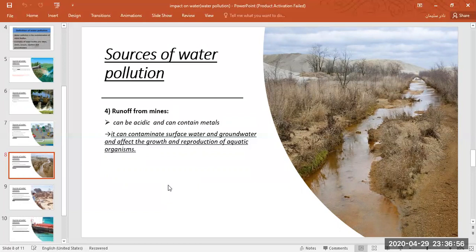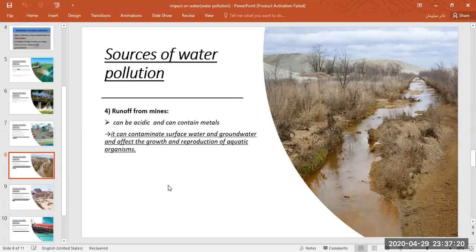How does this happen? During winter or during rainy days, water flows on the surface of the land and carries with it acidic substances from the mining lands.